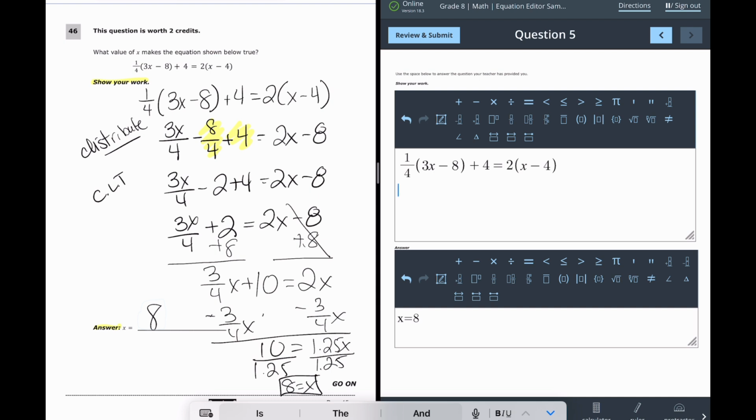So I'm just going to put it in again. 3/4 x minus 2 plus 4. Now notice I had to decide, I know that's 2. Let's put in what I really had at first. 8/4 plus 4 is equal to 2x minus 8. And here I'm just going to write distribute.